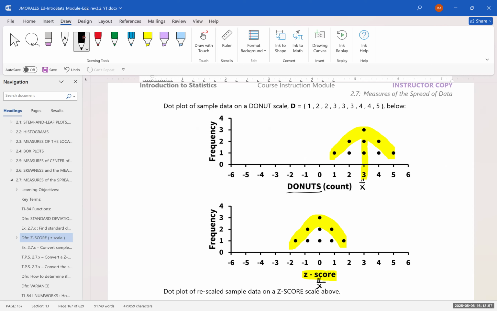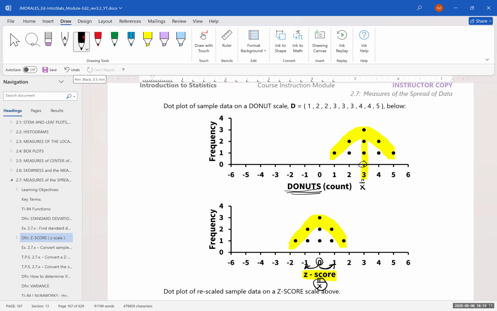All right. And a z-score scale is looking at a distance either above or below 0, either above or below our mean. A donut scale doesn't do it that way, right? Because 0 isn't here.